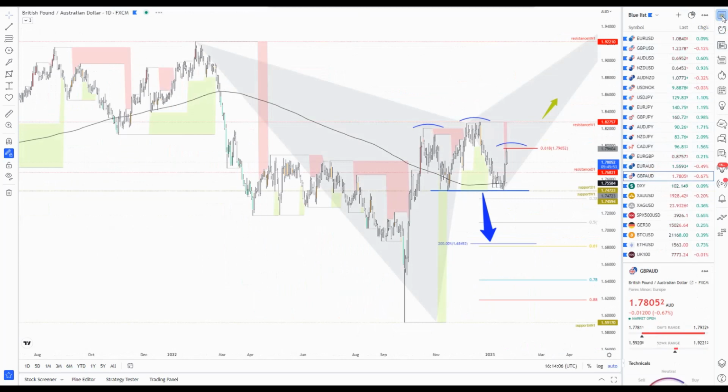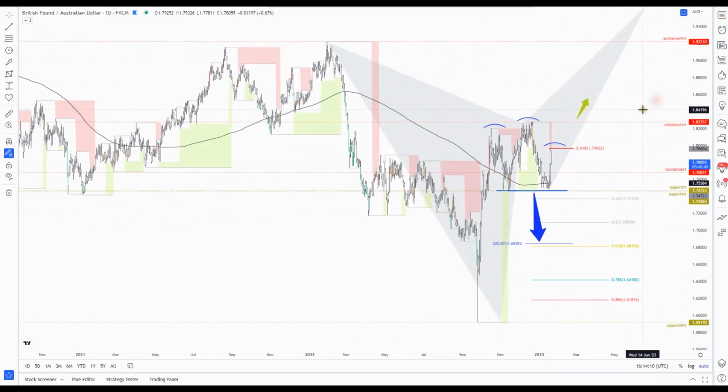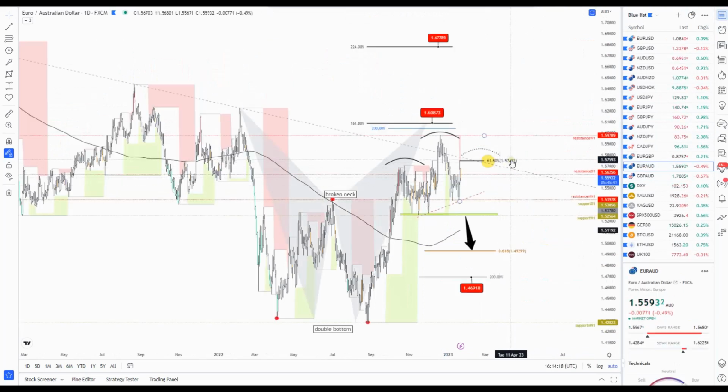Pound versus Aussie, we have also an eventual head and shoulders pattern formation. We are now being rejected, very similar to the euro versus the Aussie. As we can see, we have also the golden Fibonacci 157.48 acting as an element of resistance, forming that right shoulder.